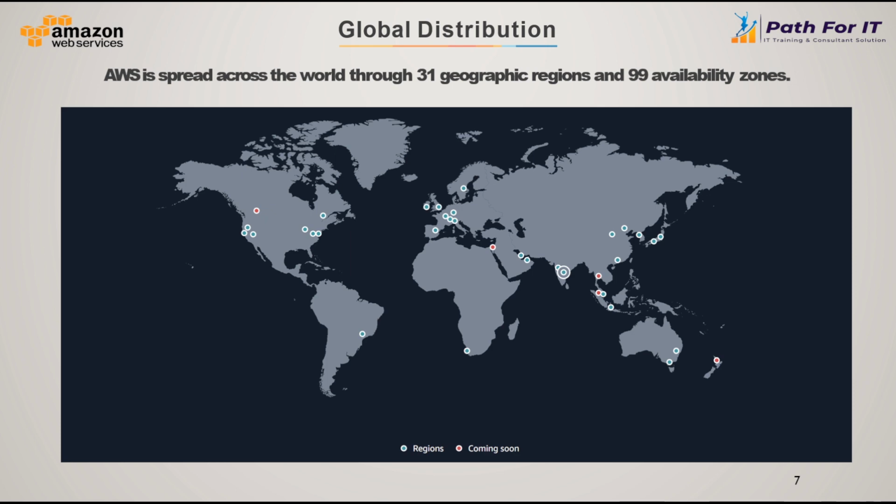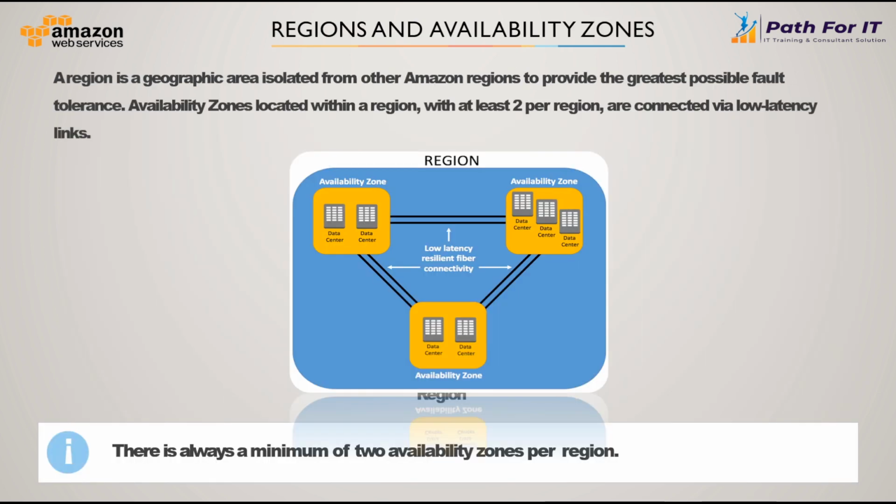We can get the absolute value, like 31 geographic regions, and some more regions are about to come. Likewise, we have 99 availability zones. After a few months or years, some more availability zones will be added to AWS. So AWS has been distributed globally in 31 geographic regions and almost 99 availability zones.